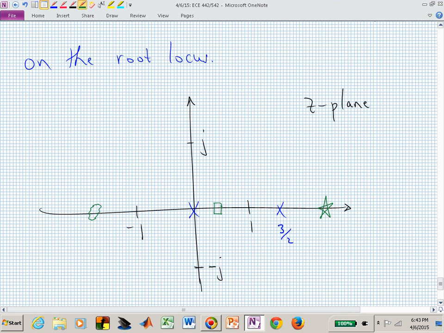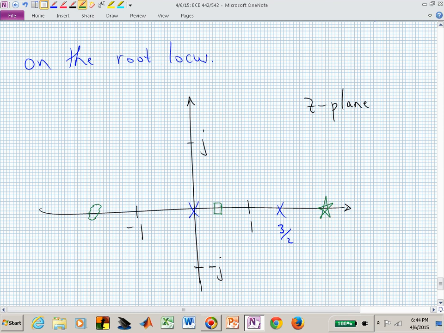And where are those angles? They were in the basement of our overall transfer function, so we would subtract those to get our net angle. We now have a numerator that was constant. That didn't give us an angle, or an angle of 0.